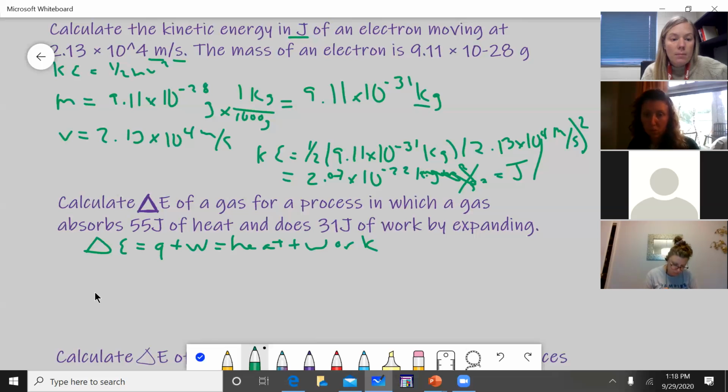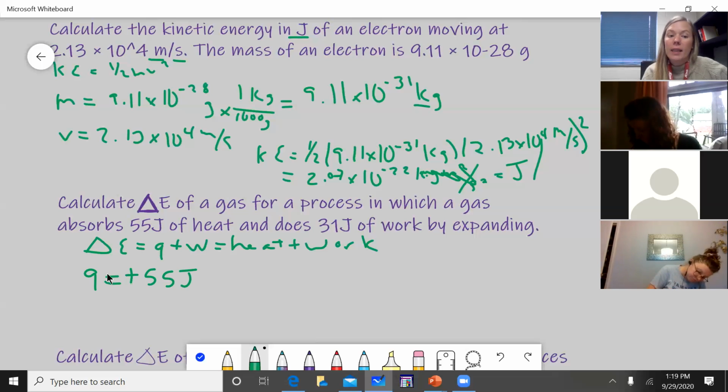So for this problem, Q is our heat, and this problem says the gas absorbs 55 joules. So 55 joules, and I'm going to give that a positive value because we're bringing that heat into the system. We're taking it on. Our W, our work, we've got 31 joules. As far as the sign is concerned, it says that it does the work.